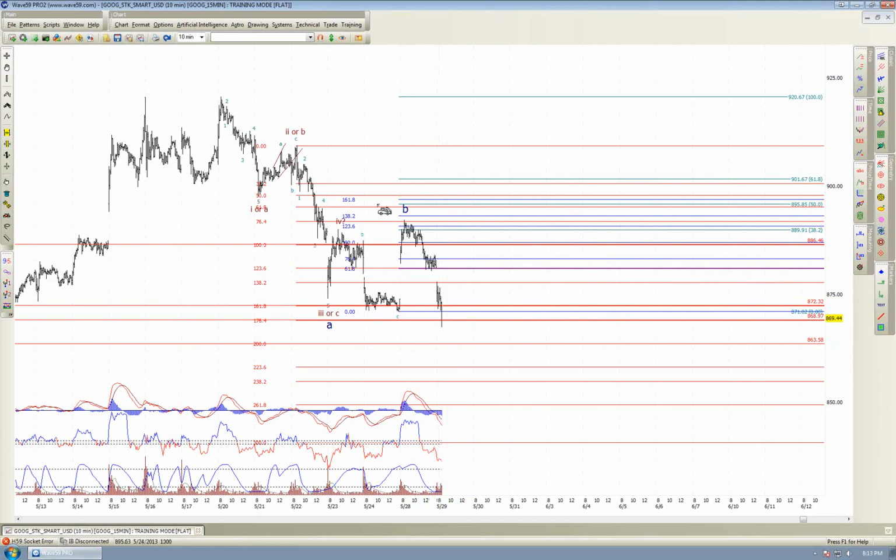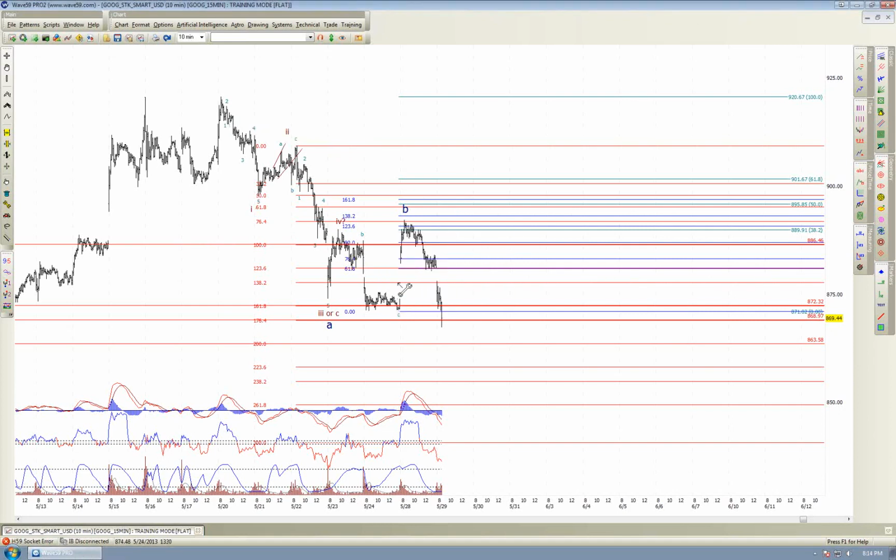So it looks like we're confirming the blue count at this point, since there was really only one wave up here. So it's kind of hard to view that as the entire correction by itself.